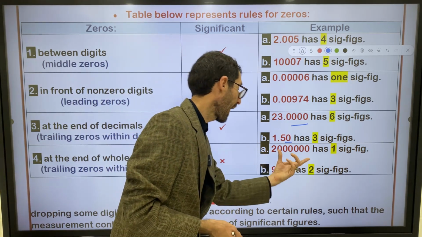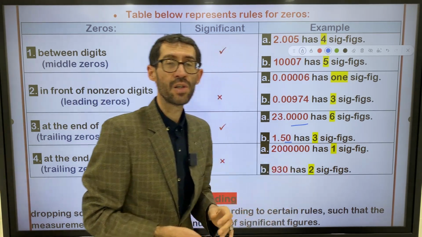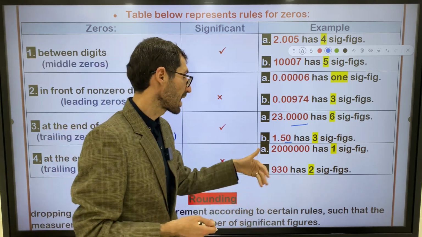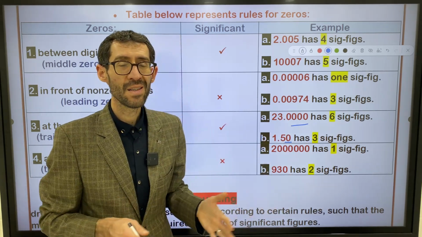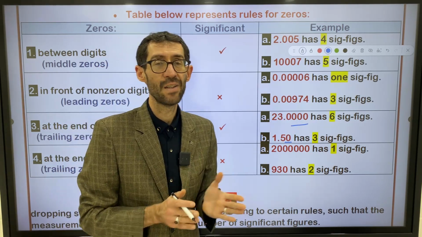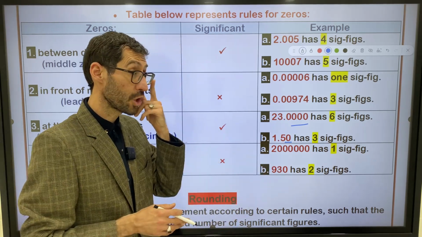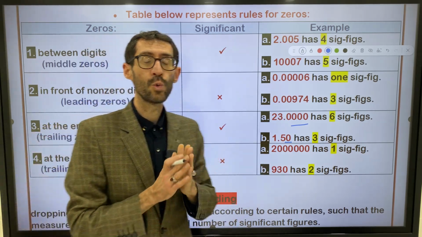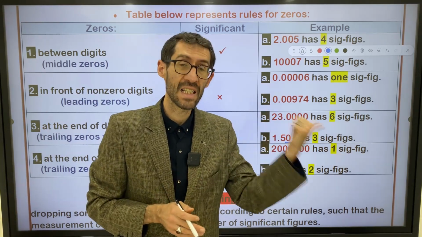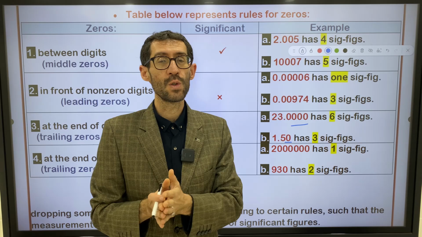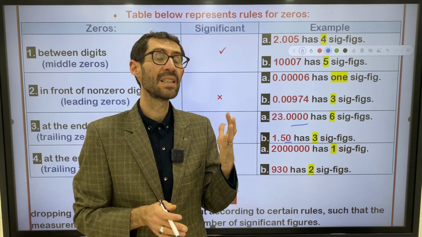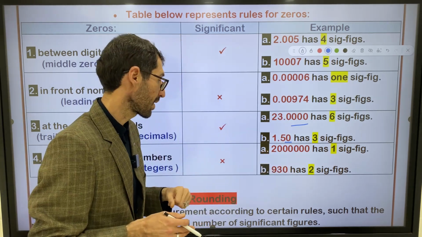Whenever you have an integer, if the number is followed by a lot of zeros, these zeros are not significant, because they are trailing zeros. So trailing zeros within decimals are significant, but trailing zeros within integers are not considered sig-figs, right?